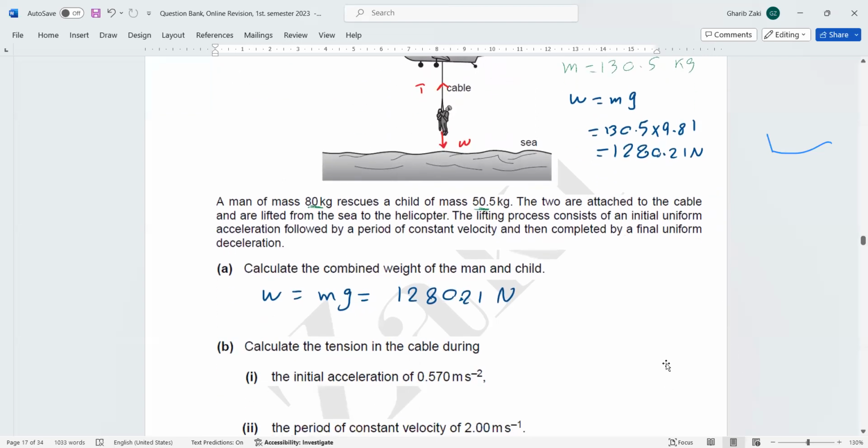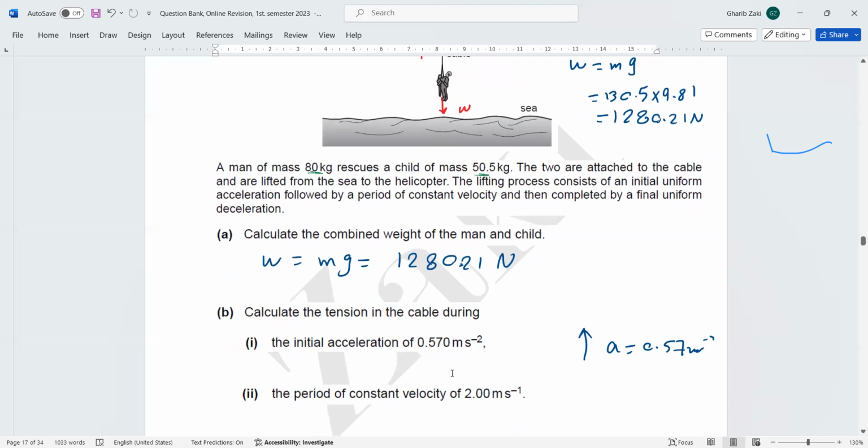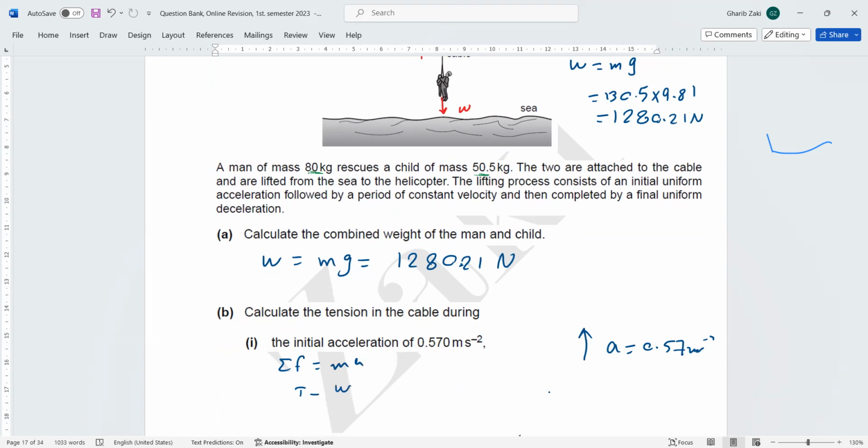Next question. Calculate the tension when the initial acceleration, then it moves up with acceleration 0.57 meter per second square. Now, what is the formula that we can use? Here, the formula is that the resultant force equals ma. So the tension minus the weight equals ma. The tension minus 1280.21 equals the total mass, which is 130.5, multiply the acceleration 0.57.